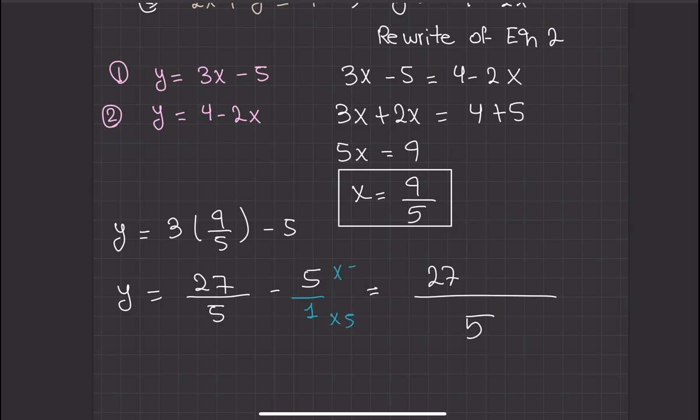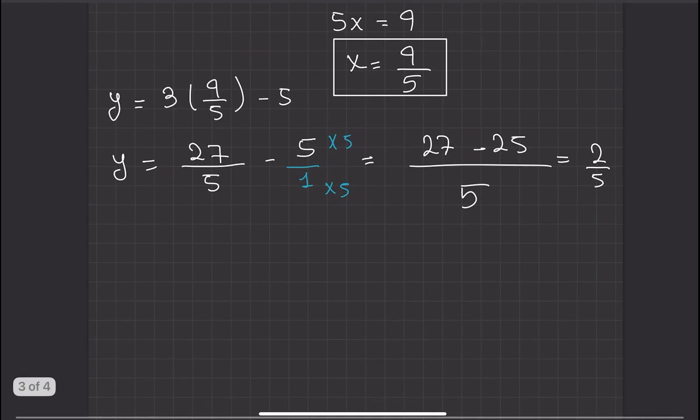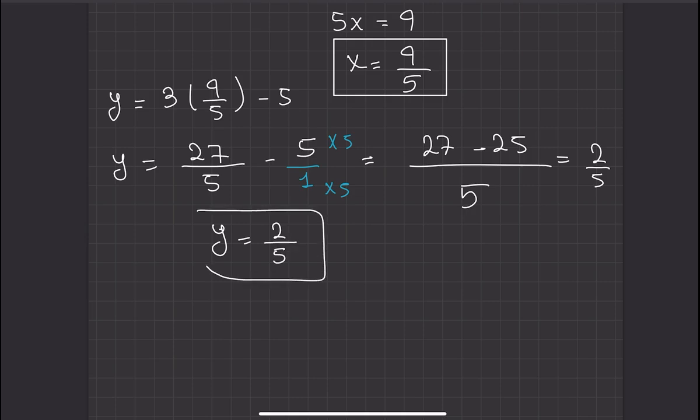So that means 5 is going to be 5 times 5. So we're going to have minus 25 equals 2 over 5. That means our y equals 2 over 5. We solved for y. We solved the equations.